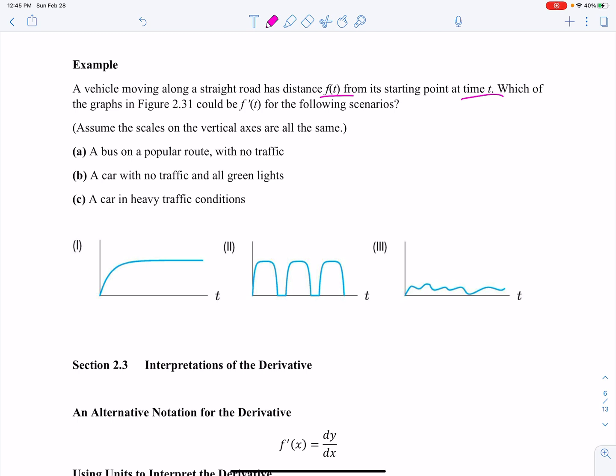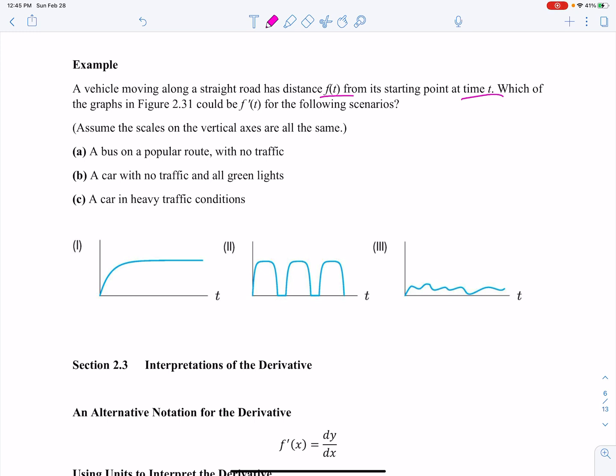All right, first one here, a bus on a popular route with no traffic. No traffic means it's going to accelerate to its maximum speed, but it's a bus, right? So what is it going to keep doing every so often? It's going to slow down and stop for passengers, right?